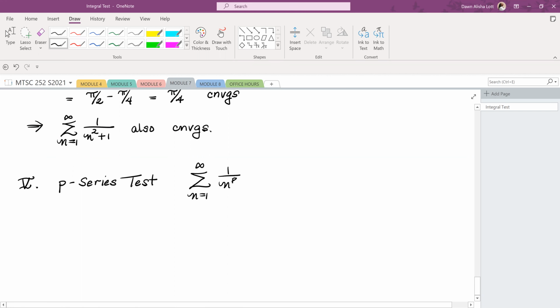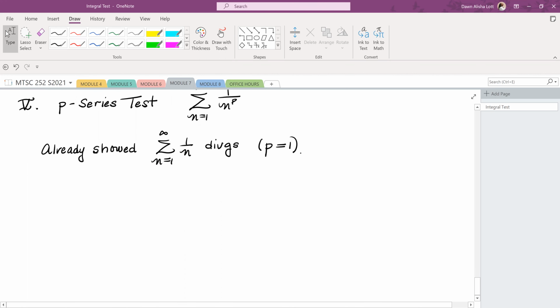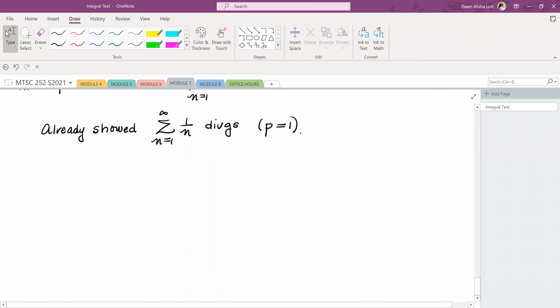Now, we already showed that the summation n equals 1 to infinity of 1 over n diverges. So we know it diverges when p is equal to 1. Okay, so that we know. So let's use the integral test to find out for what p it diverges and for what p it converges.